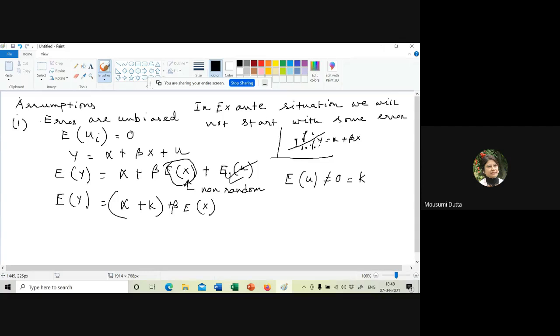It is the consistency requirement. Okay, everybody, this is a consistency requirement. It's not at all a stringent assumption.